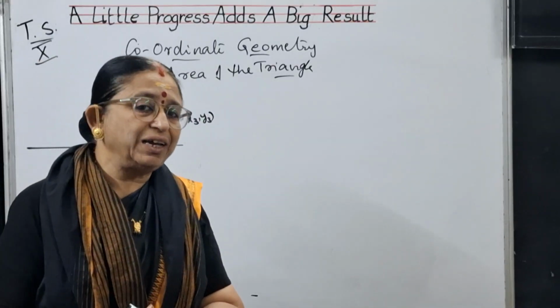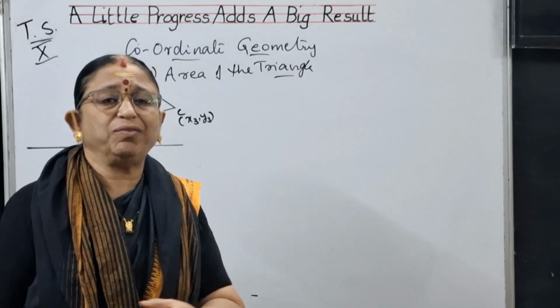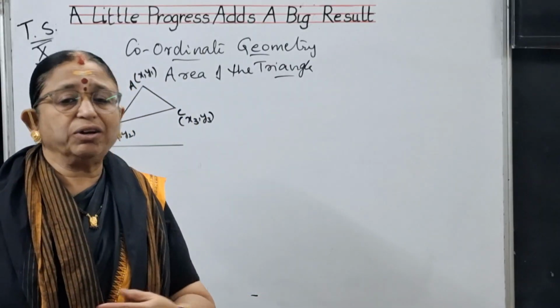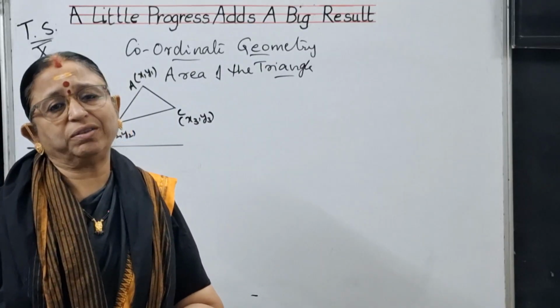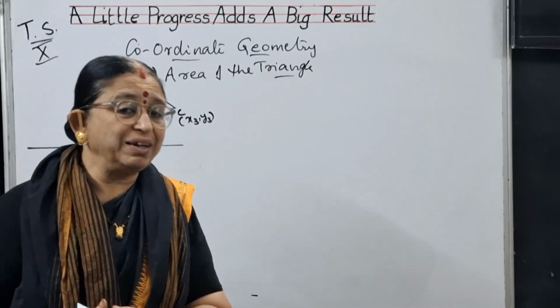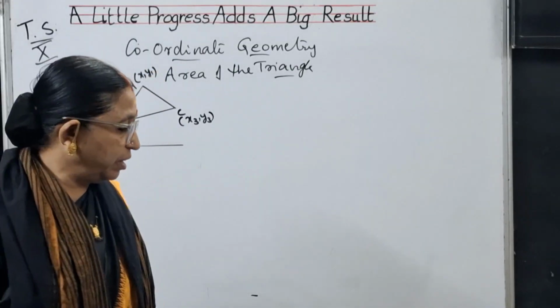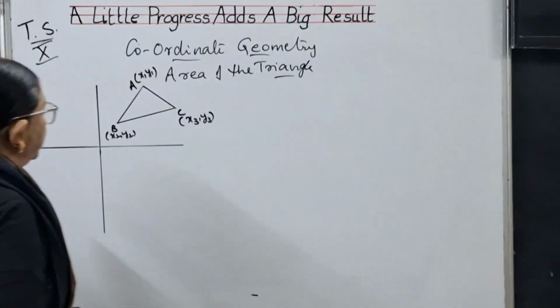If they directly give you, find the area of a triangle with vertices A, B, C, then directly you can use the formula. But derivation also is important because sometimes in essay type questions they ask to derive the area of a triangle. So let us understand how the formula has been derived.